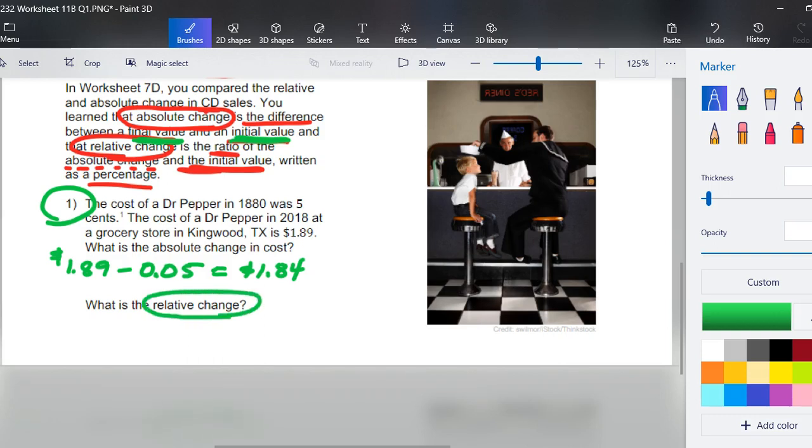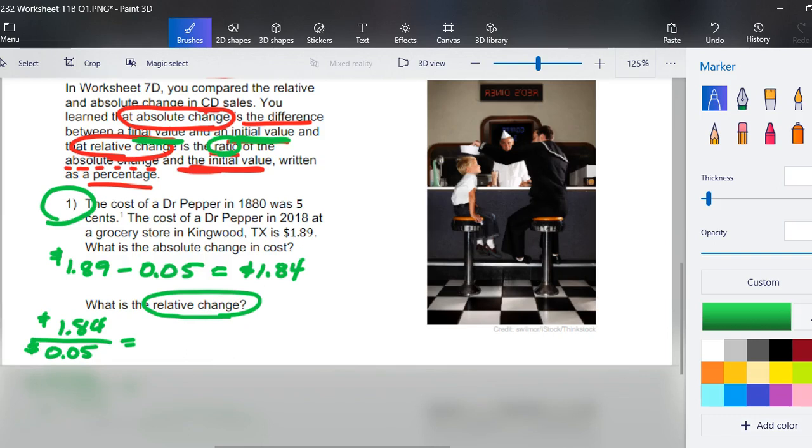To calculate the relative change, you can simply take your value for the absolute change and write it as a ratio of the absolute change to the initial value, the starting value. In 1880, we started with a Dr. Pepper being 5 cents, and we're going to write it as a percentage.